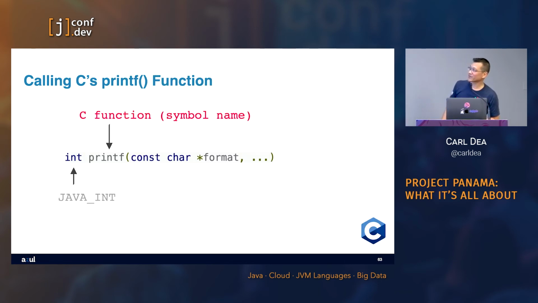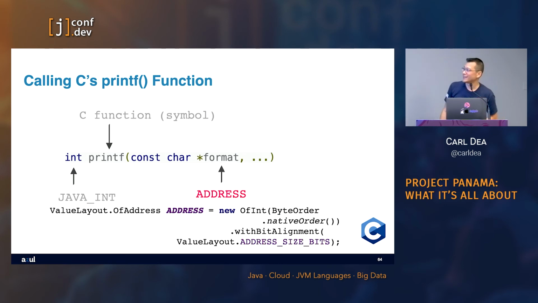So the next thing to know about the function signature is the actual symbol name. It's just a text or a string. It's called printf. The first argument of a printf function is that pointer that I mentioned, and the value layout that is predefined in Java 19 is called ADDRESS.